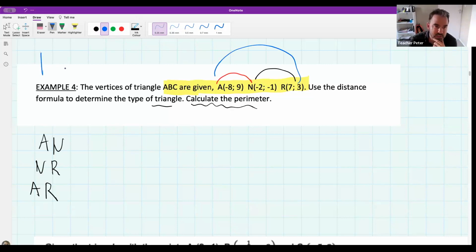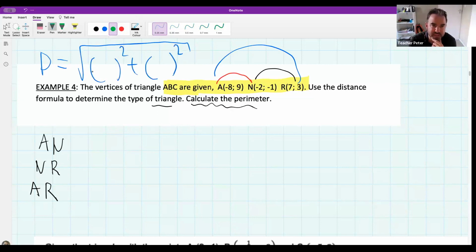I will give you the distance formula because it's been a while. So the distance formula looks a bit like Pythagoras, except it's got these parts in it. And I want us to all work out what are the lengths of all these 3 sides. I'll call this question 1, question 2, question 3.